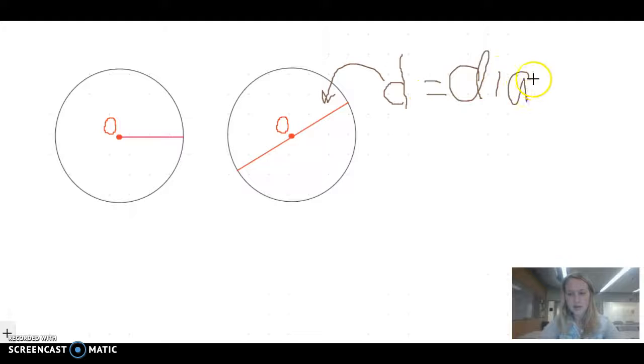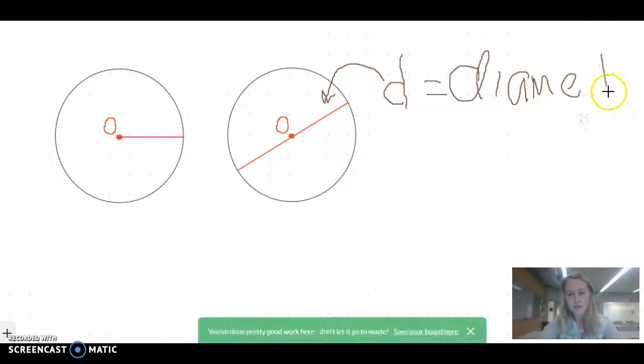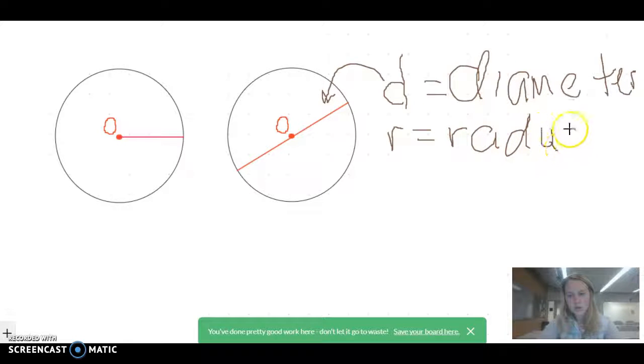diameter, and the radius, sorry this looks so unprofessionally written, I'm doing the best I can, radius in there. So with D being our diameter and R being our radius, which is again over here on the left, we can write a formula that looks something like this.